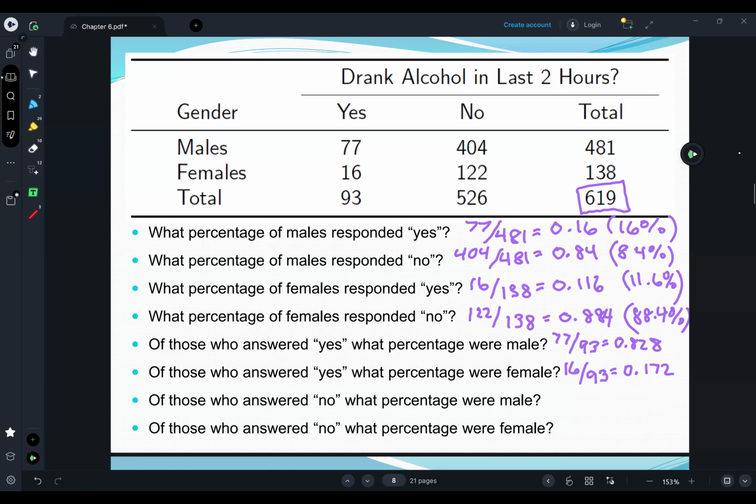Of those who answered no, what percentage were male? So of those participants who answered no, you want this column, and then you want to go what percentage were male. So how would we do this one?